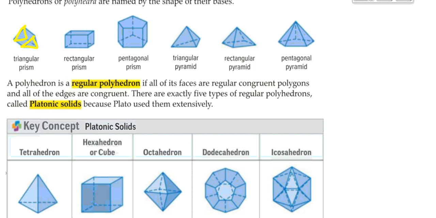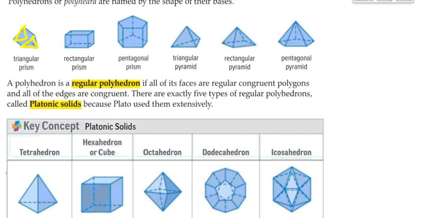And then same thing with this one. No matter how I set it someplace, the bases have to be the two hexagons. The faces that go up and down have to be rectangles.